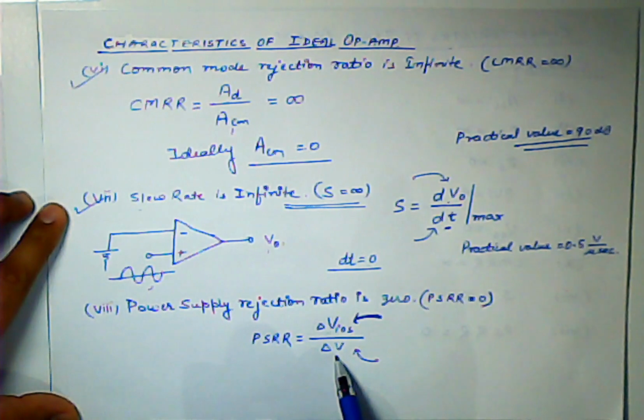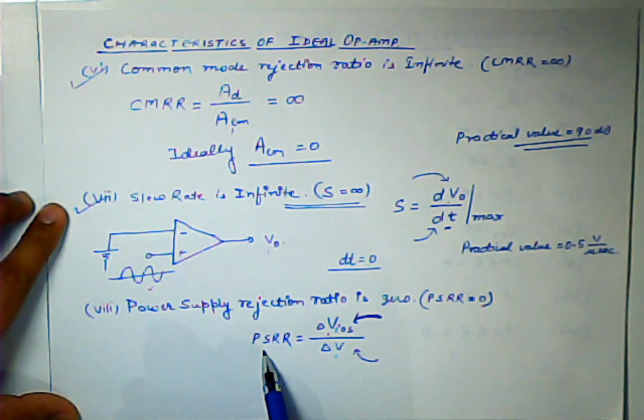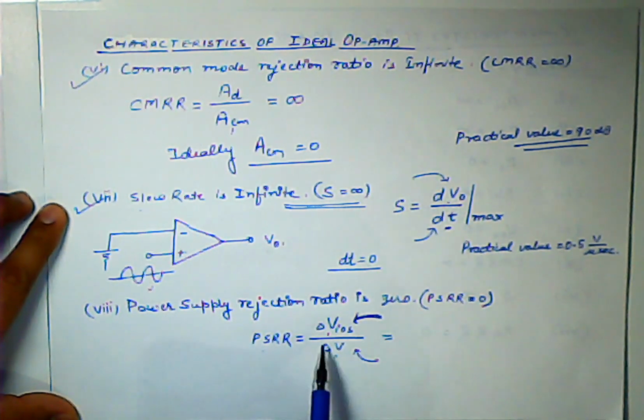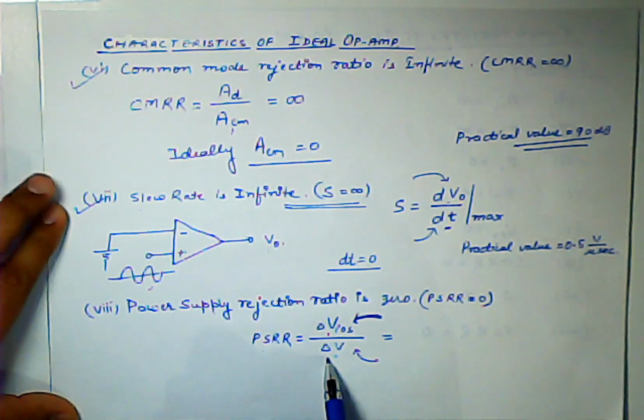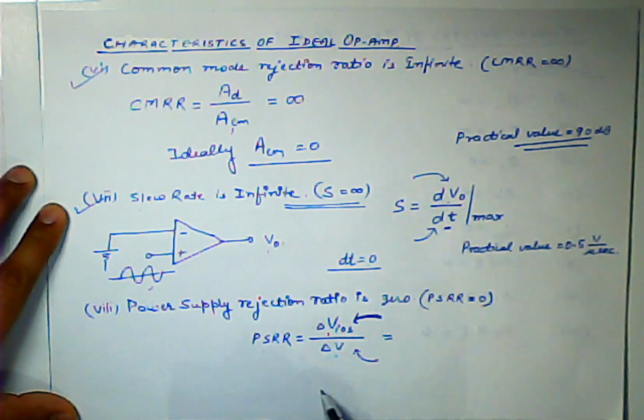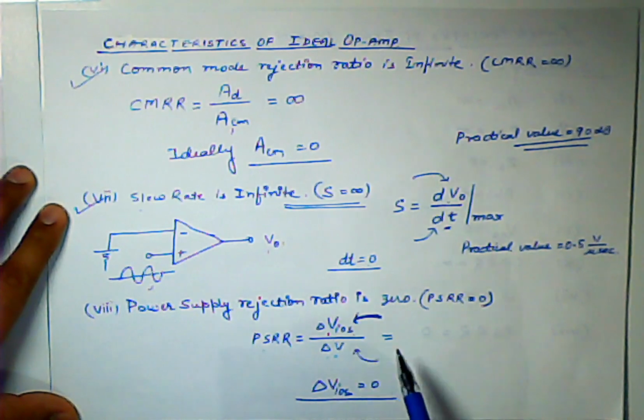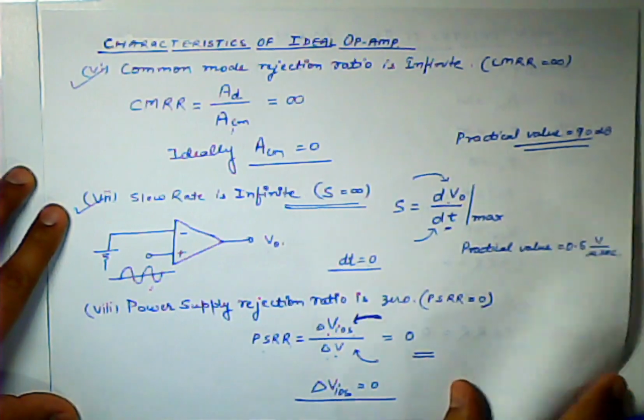If there is any change in the supply voltage, there is some change in the input offset voltage. This term is called power supply rejection ratio. But ideally this input offset voltage must be independent of the change in supply voltage. So ideally delta VIOS is 0, and if this value is 0, PSRR should be 0 for ideal op-amp.